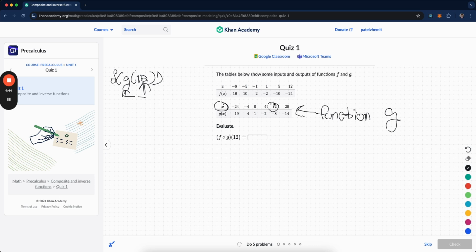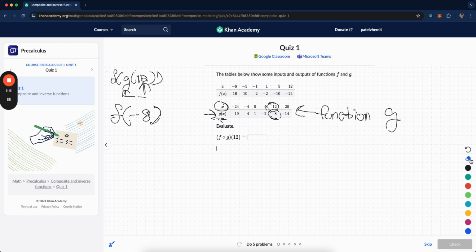So that's over here. And if we cross-reference to see what the output would be, again, remember the style of how outputs in functions are written, which is g, function, and then input, like this, it's giving us a negative 8. So that means that the output for g of 12 is negative 8. As simple as that, alright?